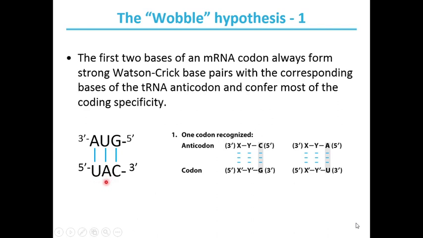And the hypothesis states that these two bases form strong Watson-Crick hydrogen bonding with the last two bases of the anticodon. Now, if you look at the examples, you can see that X prime, Y prime, and XY happen to be the strongest hydrogen bonding that forms in a codon-anticodon interaction.